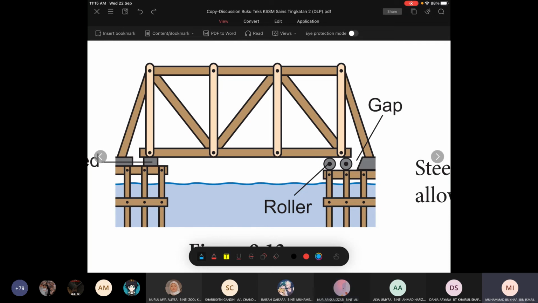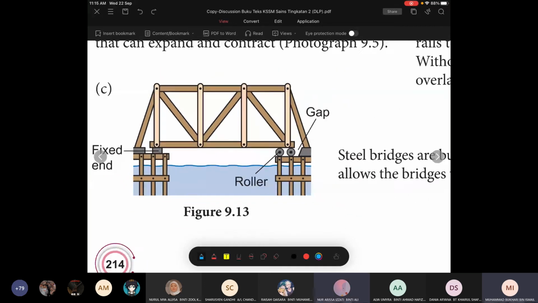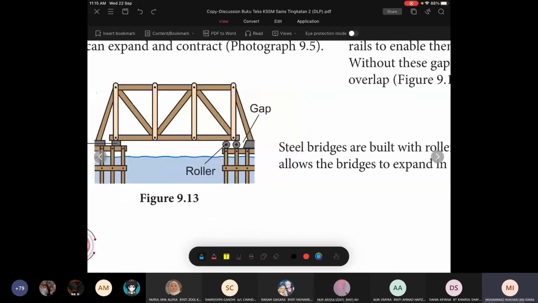The roller allows the movement of the bridge a little bit, a few centimeters maybe, so that the bridge will not break. It is allowed to move a little bit during expansion or contraction. Understand? Yes.